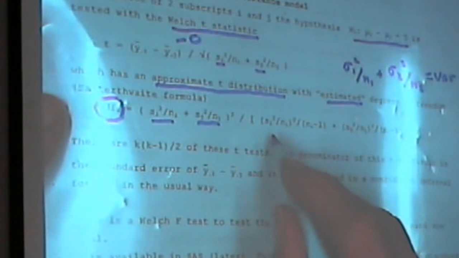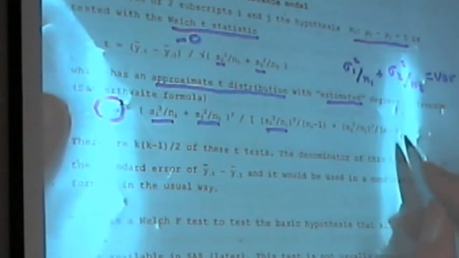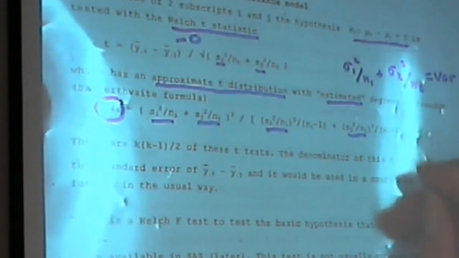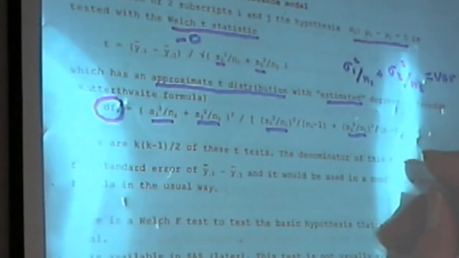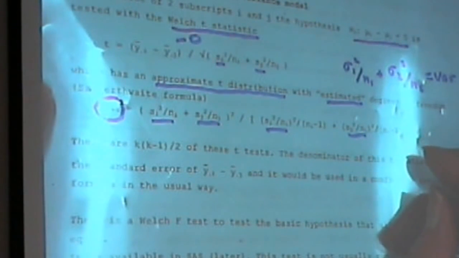And then in the denominator, you have that same thing appearing there, it's squared. You have the other thing appearing there, and it's squared. So basically, this is kind of a messy formula. The methodology behind this approximation doesn't come up enough for us to worry about the details. So we'll skip that and say, well, they figured this out. This is the way we estimate appropriate degrees of freedom for a t-distribution.